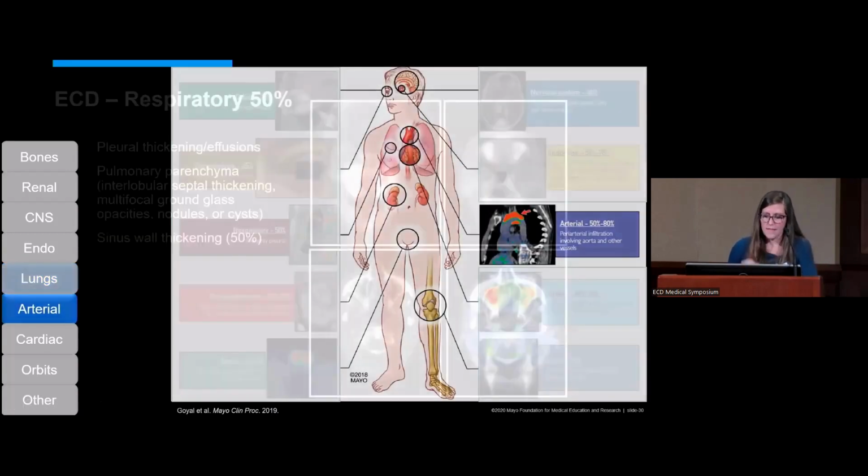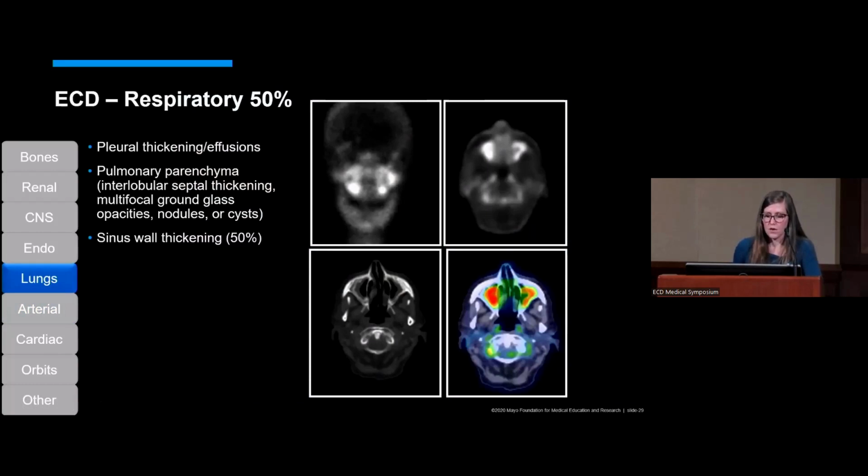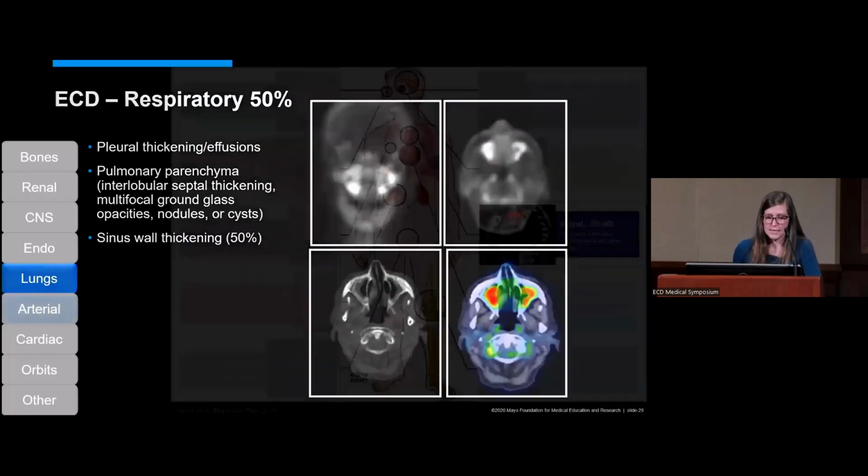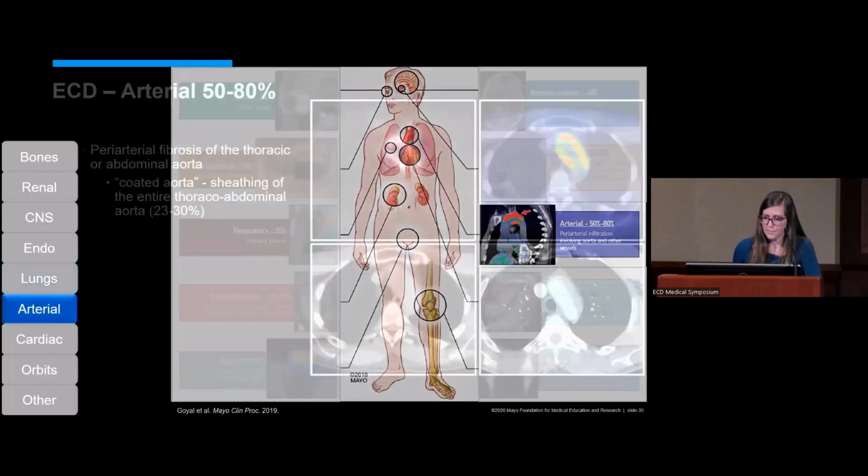And that thickening can be seen with chronic sinusitis as well. So in isolation, it's not a specific finding for Erdheim-Chester disease, but when we do see it on our PET CTs, we can suggest that there is involvement.